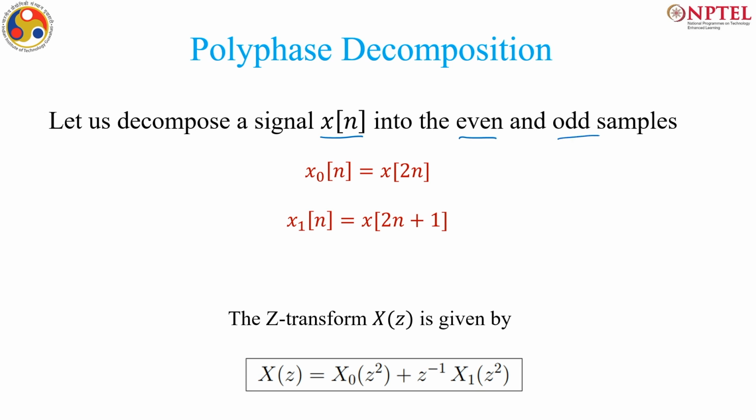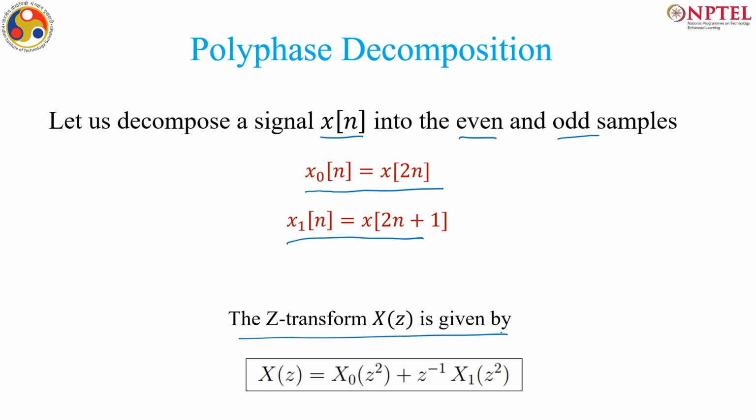Does this sound familiar? We did something similar in the FFT derivation. So, now we have x0 of n, which are the even samples of x of n, and x1 of n, which are the odd samples of x of n.